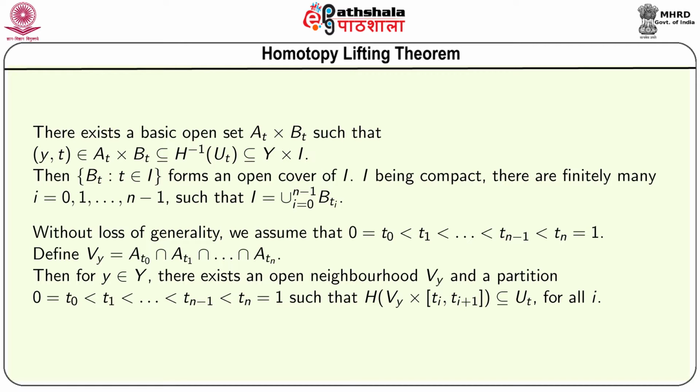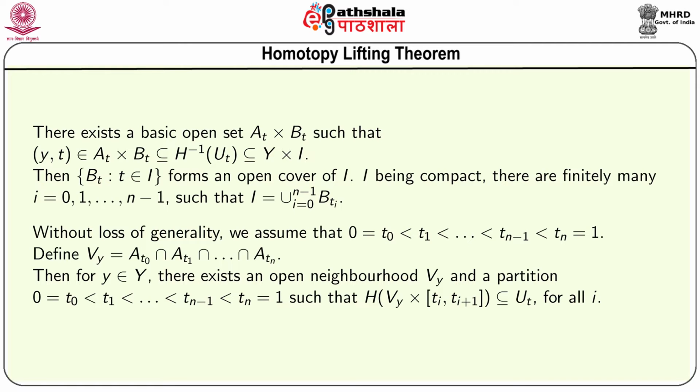Then we collect all these sets Bt such that t varies over the closed interval [0, 1]. Then this collection forms an open cover of capital I, that is the closed interval [0, 1]. Now capital I is compact. So there are finitely many points ti, i equal to 0 to n minus 1, such that capital I is the union of Bti.